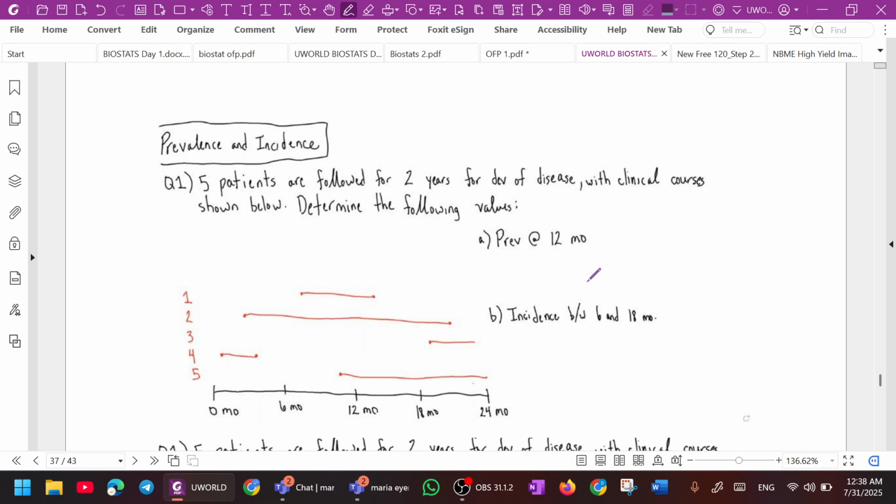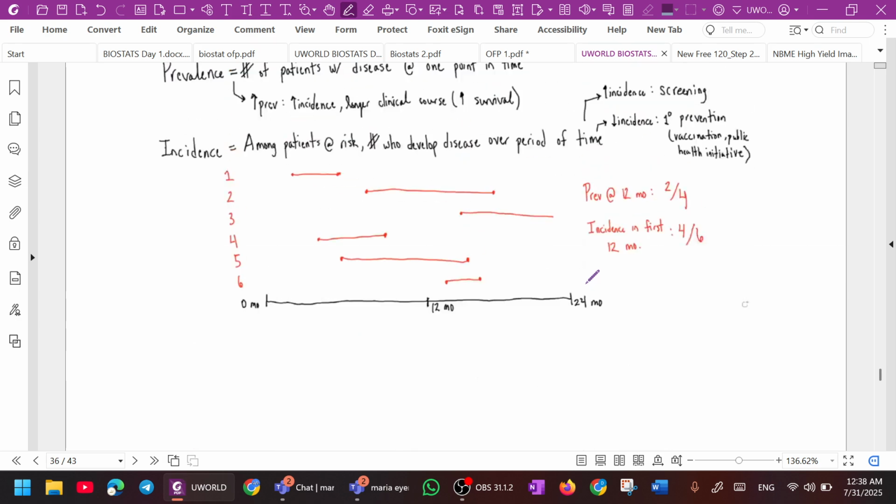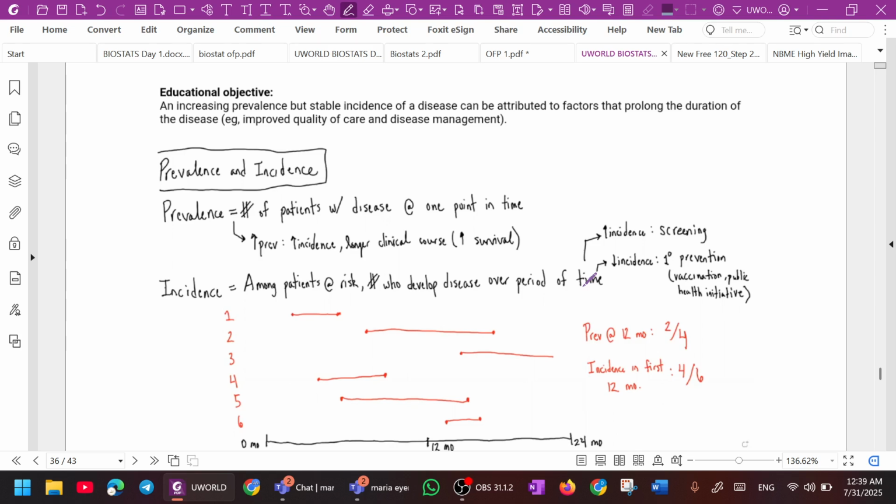So prevalence means the patients with the disease at a point in time, isn't it? Mm-hmm. So the time frame here is 0 to 12 months, which means a period.